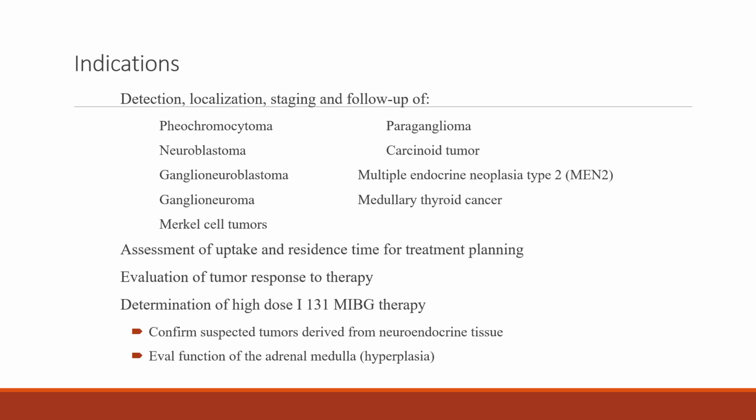Right. So these are the indications for it: pheochromocytoma, neuroblastoma, ganglioneuroblastoma, ganglioneuroma, Merkel cell tumors, paraganglioma, carcinoid, multiple endocrine neoplasia type 2 or MEN type 2, and medullary thyroid cancer.